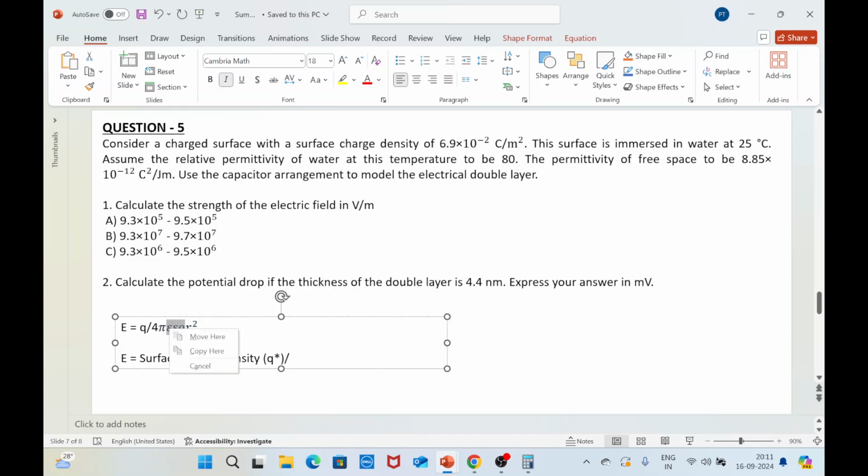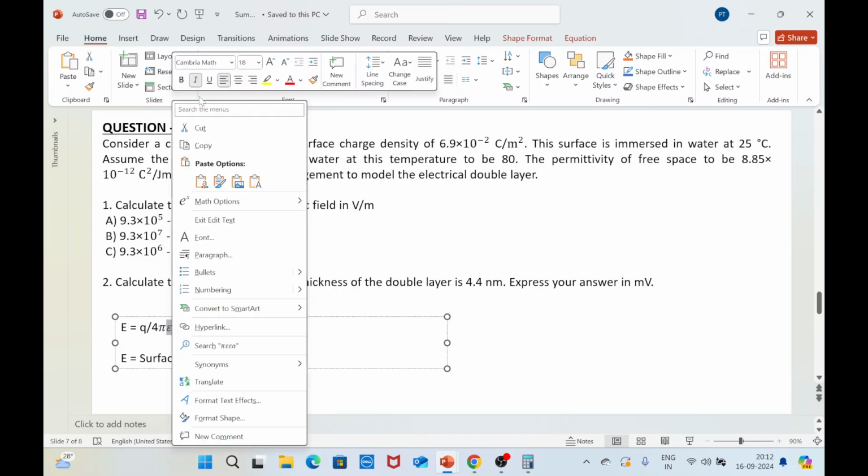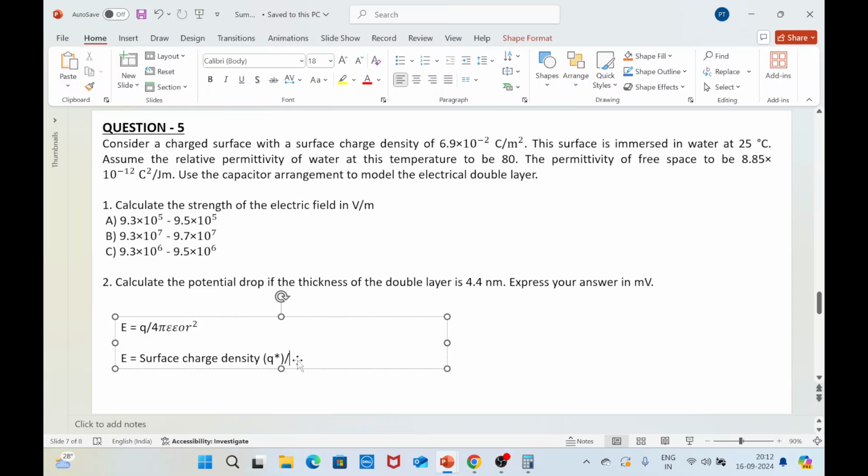You don't need to know the value of r if you have the surface charge density value. Now you have surface charge density as 6.9 times 10 power minus 2, relative permittivity as 80, and permittivity of free space as 8.85 times 10 power minus 12 coulomb square per Newton meter square, or coulomb square per joule meter.